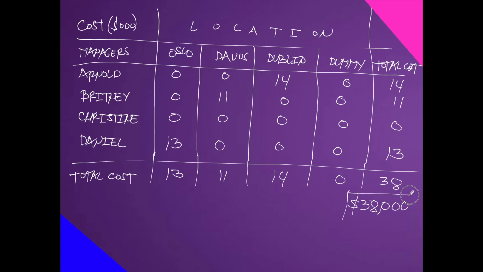Ito yung final, wherein si Arnold ay sa Dublin, si Britney ay sa Davos, si Christine ay hindi mailalagay sa kahit anong location, and si Daniel will be placed on Oslo. So, ito ang minimum cost natin. Imagine, ganun ka-importante ang assignment modeling, lalo na ngayon, na we are in the world na napakabilis ng changes.